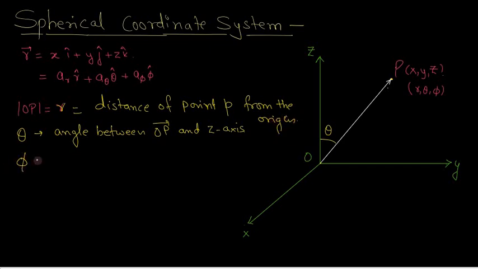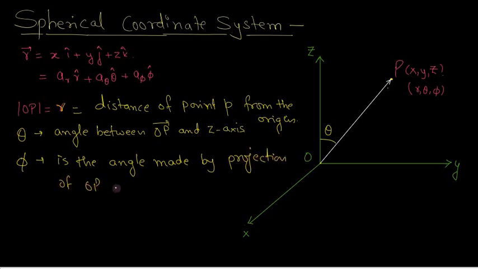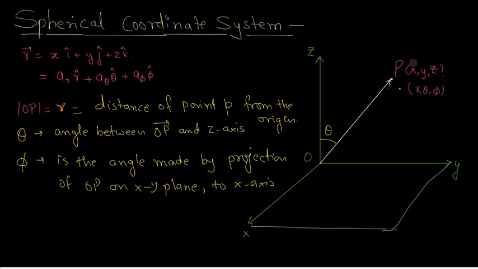What your phi is, that is the angle made by the projection of OP on the XY plane, that is, the angle to the X axis. So this is our XY plane. I will take a projection of this OP vector on this XY plane.